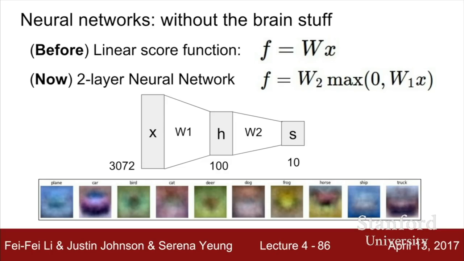And we talked about one of the problems with this is that there's only one template. There's this red car, whereas in practice, we actually have multiple modes. We're looking for a red car, there's also a yellow car, all of these are different kinds of cars. And so what this multiple layer network lets you do is now, each of these intermediate variables h, W1 can still be these kinds of templates.